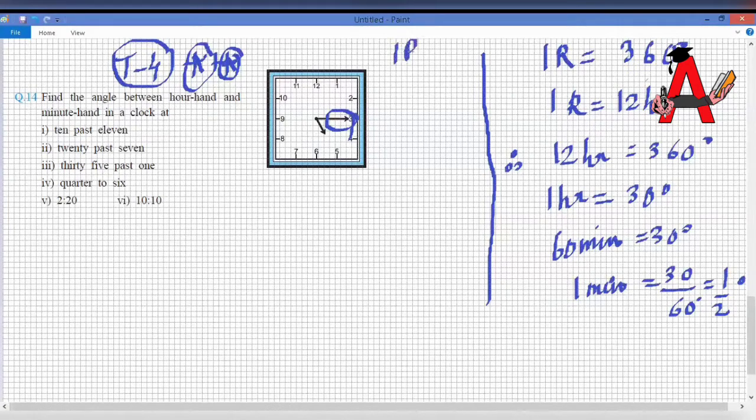Now one rotation is again 360 degrees. In one rotation you have 360 degrees.